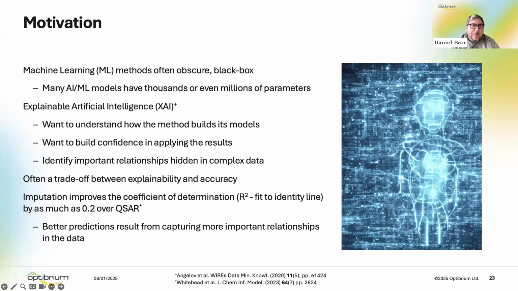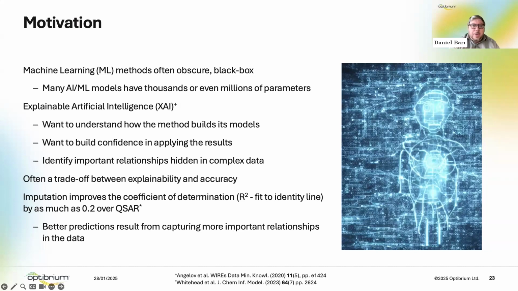So as Matt's been talking to us about, we can think about imputation, this process of deep learning imputation, and how it helps us to predict results better and to be more confident in the results that we predict. There's a beautiful study by Whitehead cited here where they looked at the coefficient of determination, so that would be the R squared fit to the identity line.